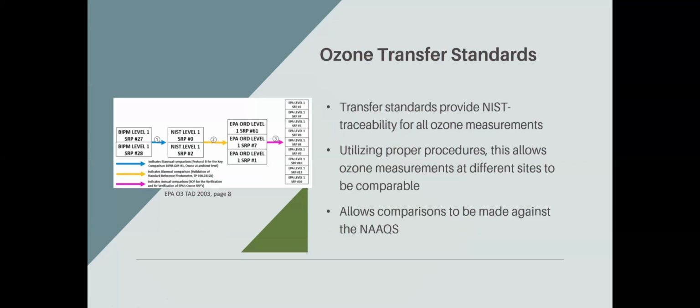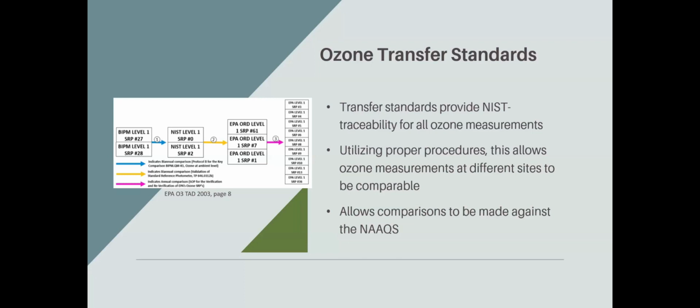And so my little chart here to the left, which is a little hard to see, is our traceability from the International Bureau of Weights and Measures all the way down to the EPA regional level. And these are all SRPs, standard reference photometers, which you may be familiar with at the regional level.